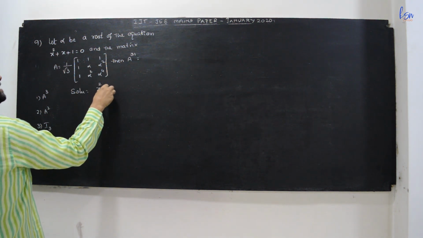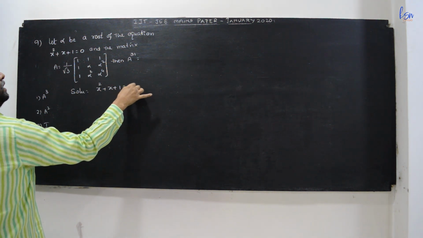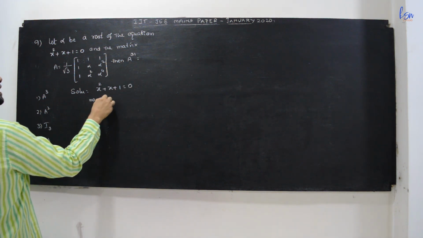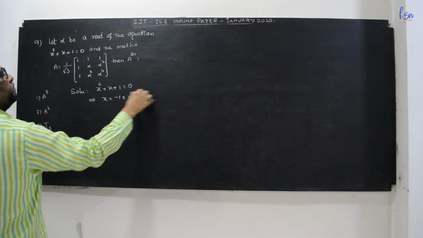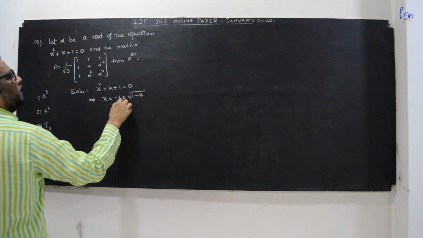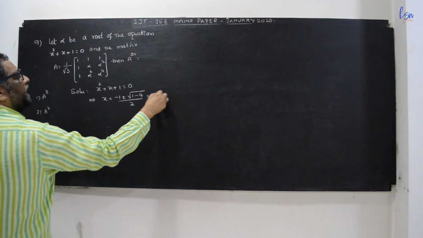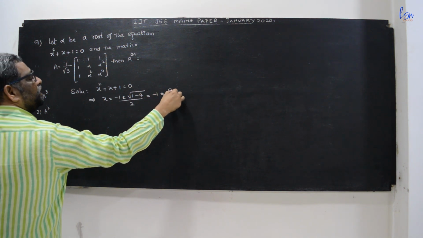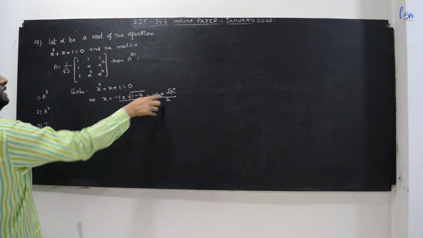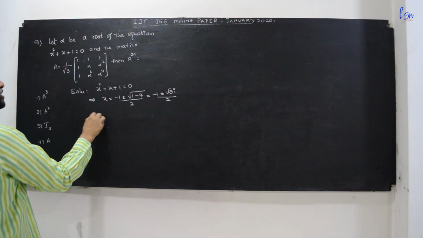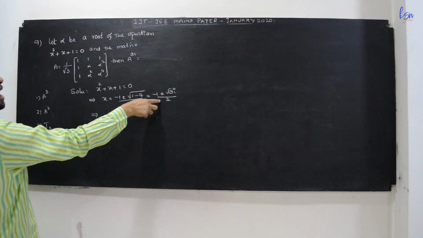x square plus x plus 1 is equal to 0 is the given equation. Here x is equal to minus b plus or minus root of b square minus 4ac by 2a, which is minus 1 plus or minus root 3 i by 2. These are the cube roots of unity. You can take x equal to omega or omega square.